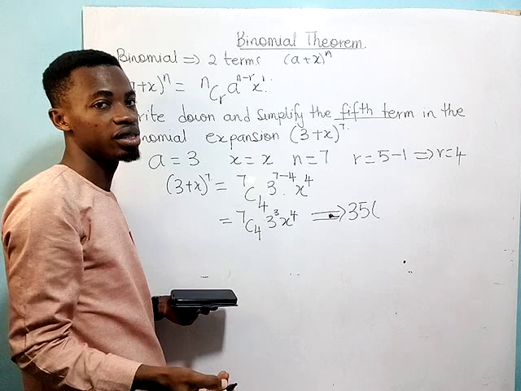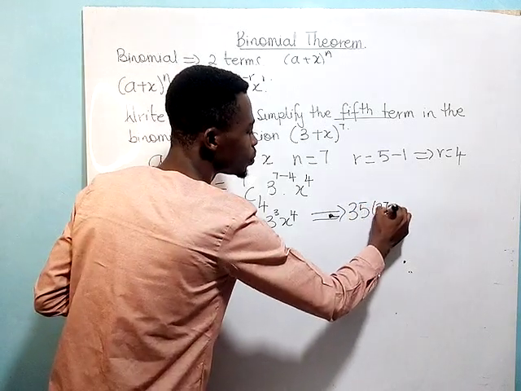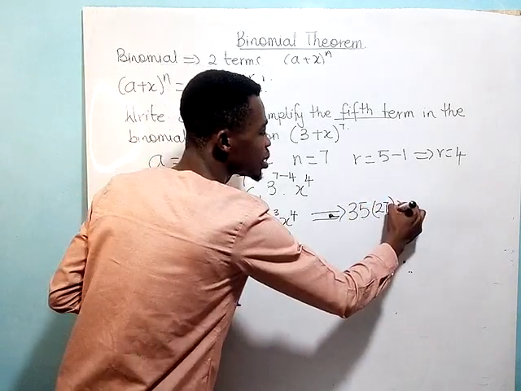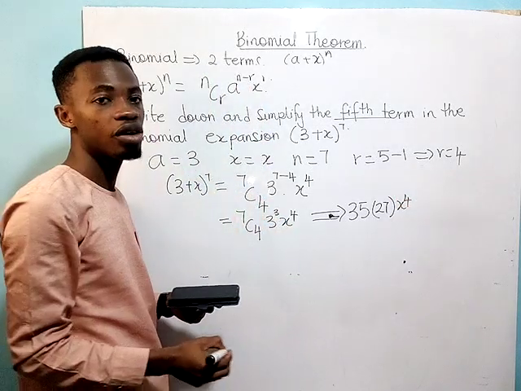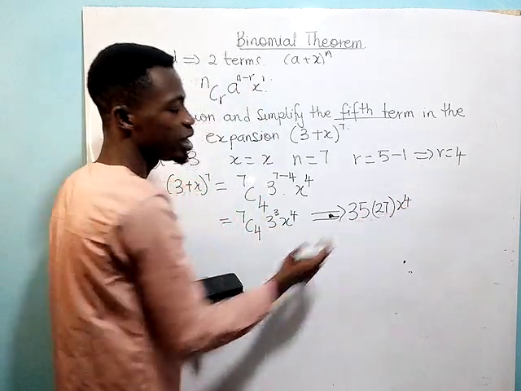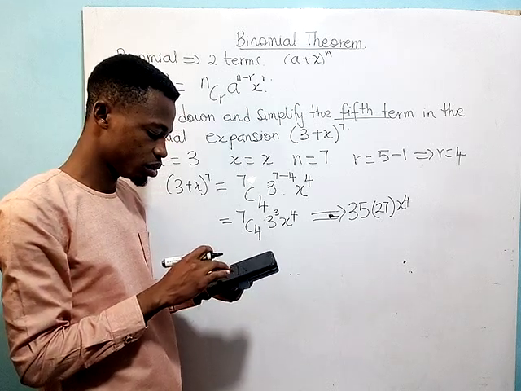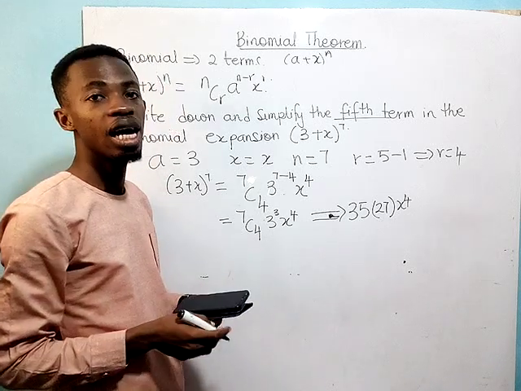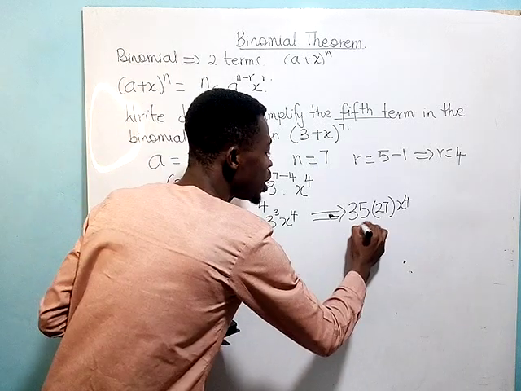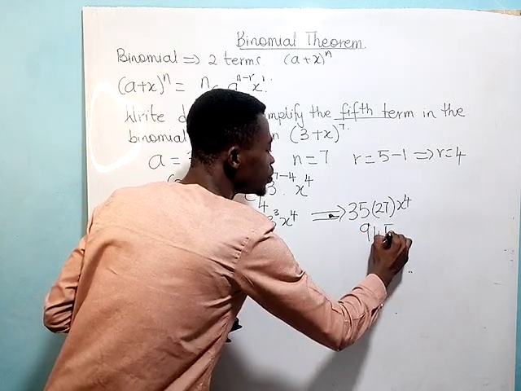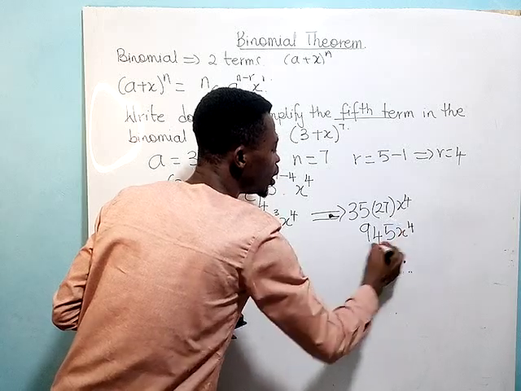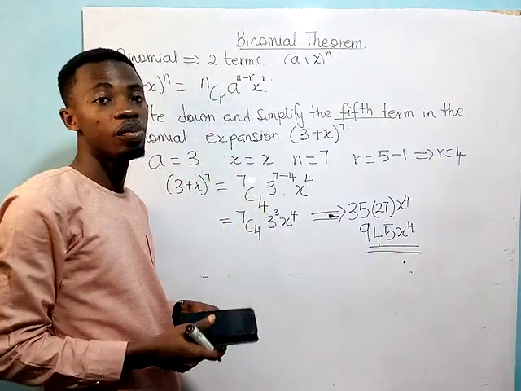It is 27. Then our x to the power 4. So now we multiply this 35 by 27. It's 945. So we have 945 x to the power 4.